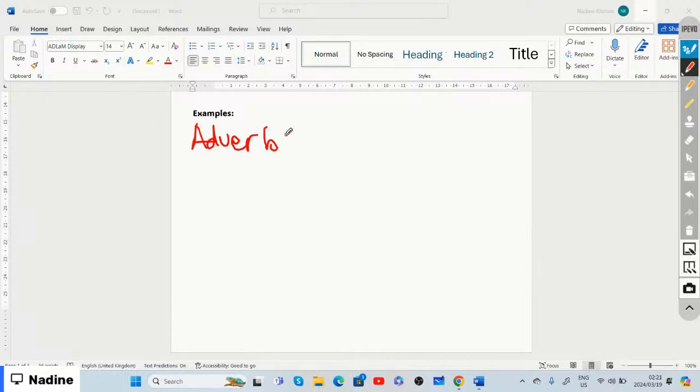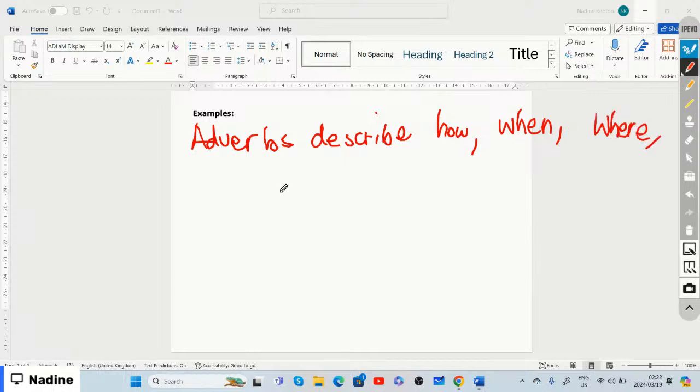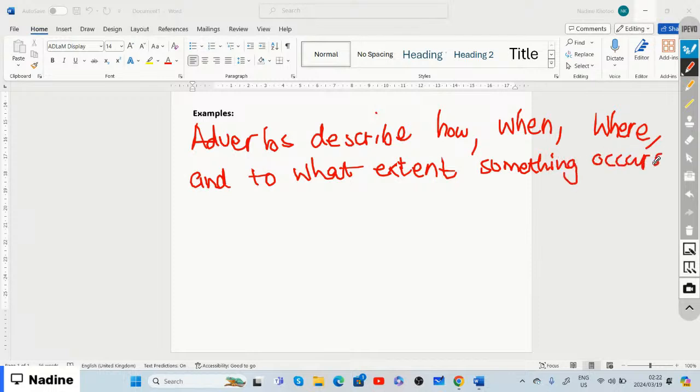Adverbs describe how something happens, when it happens, for example, where it happens, and even to what extent. So that is basically what adverbs are.